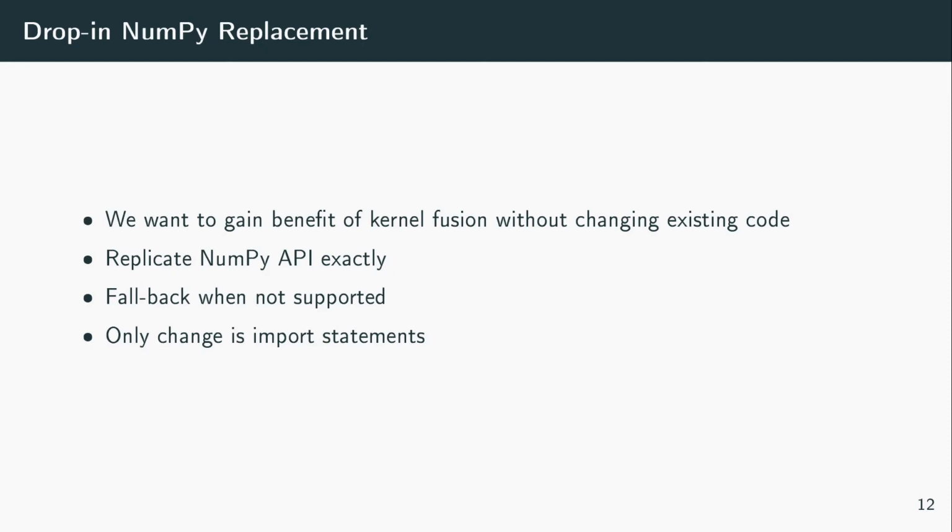We want to replicate the NumPy API exactly and fall back when not supported, as it was not feasible to re-implement every single NumPy function on a GPU. We still want everything, even what we don't support, to still work, so graceful fallback is implemented. The only change DelayRepay requires to existing code is import statements.